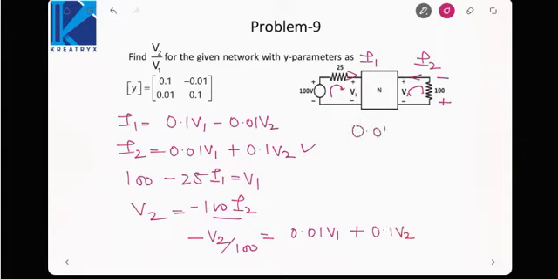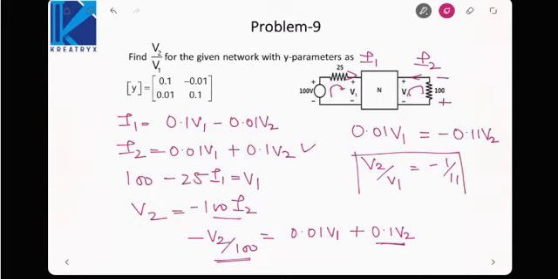So 0.01 V1 is equal to minus 0.11 V2, because it is 0.1, this is 0.01. So what will be V2 by V1? It is minus 1 by 11. Again negative sign indicates that the voltage gain is negative, so if input voltage is positive, output will be negative.